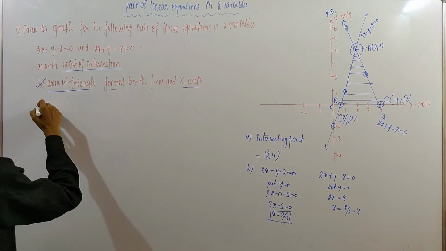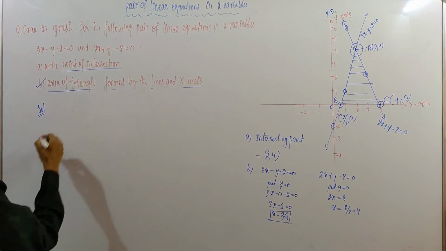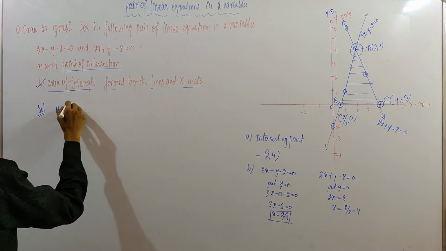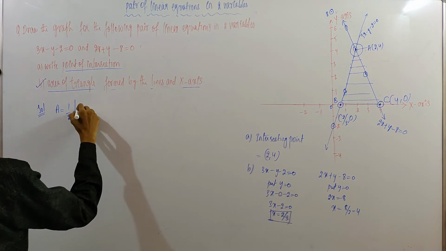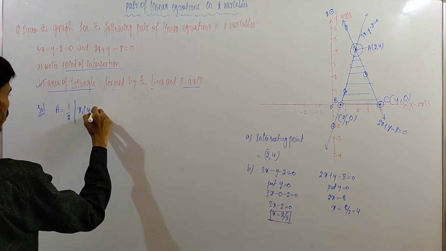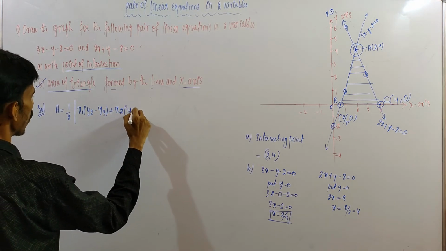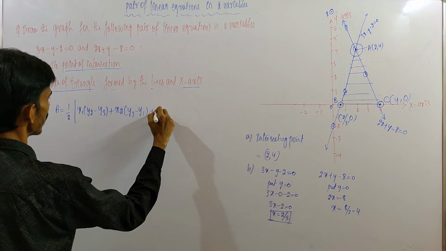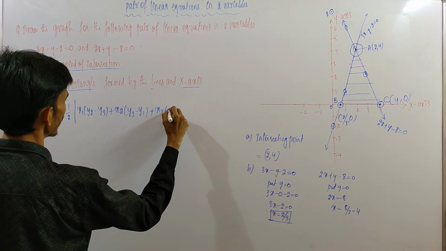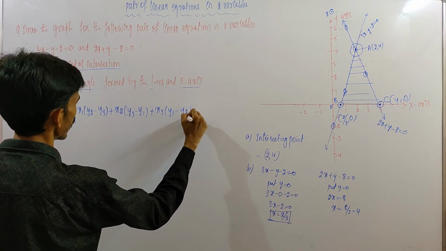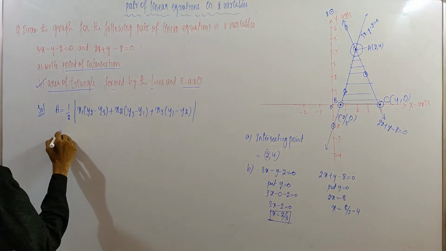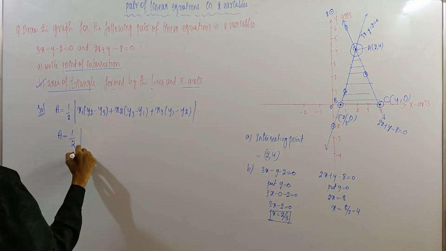Now for the area of the triangle, the area is given by 1 by 2 mod x1 into y2 minus y3 plus x2 into y3 minus y1 plus x3 into y1 minus y2. So A is equal to 1 by 2 x1.